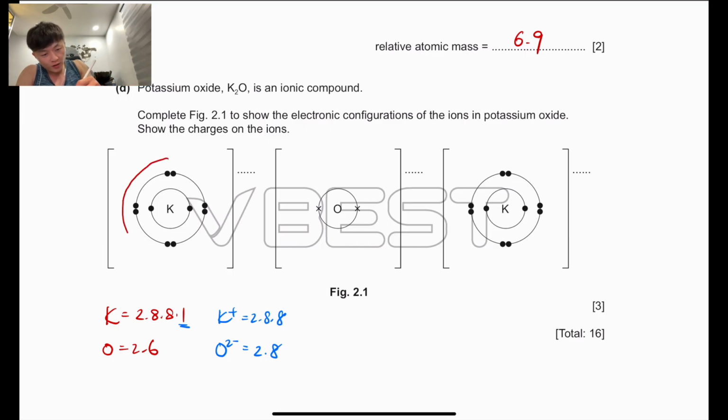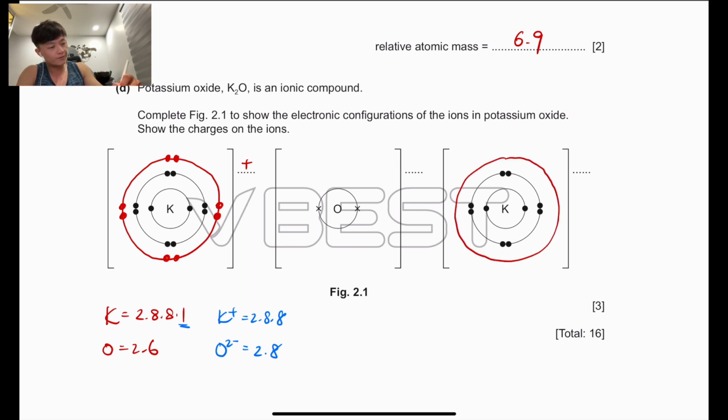So we need to include one more electron shell, 2,8,8. Okay, and what's the charge? Positive 1. Same goes to this.